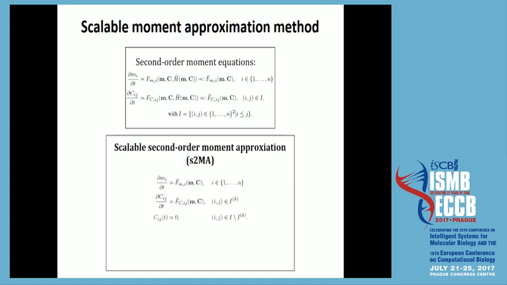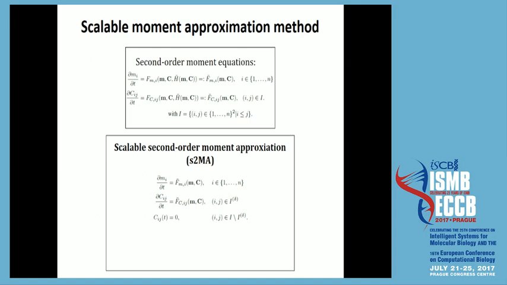In the scalable second-order moment approximation, which we call S2MA, we only choose a subset of moments, denoted by I delta here. And only for those, we take directly the second-order moment equations, and we replace the rest of the moments by 0.